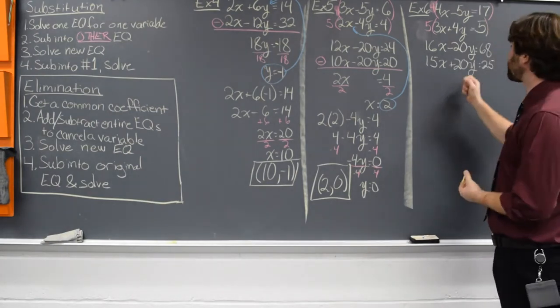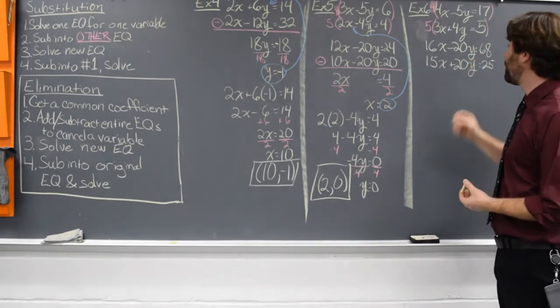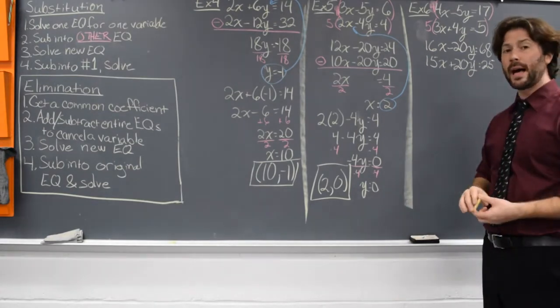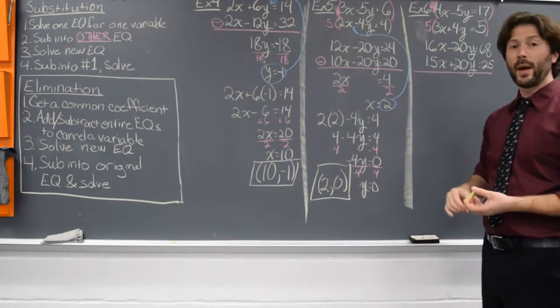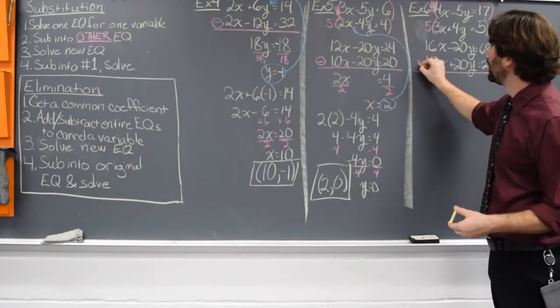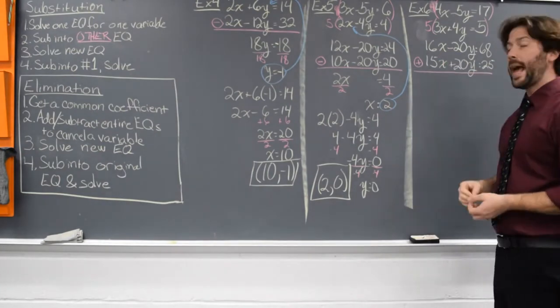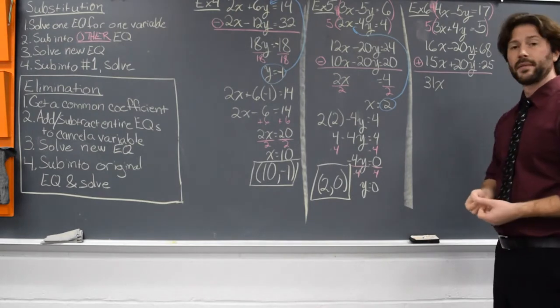Okay, now, I want to get rid of those y's. So I have negative 20y and positive 20y. If I do negative 20y plus 20y, that's going to cancel. So this time, instead of subtracting the equations like I did on the last two, we're going to add the two equations. So 16x plus 15x gives me 31x.